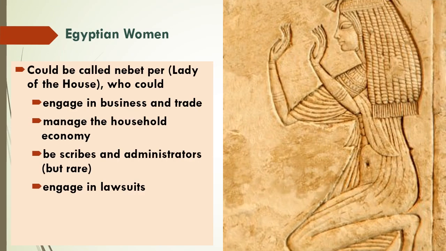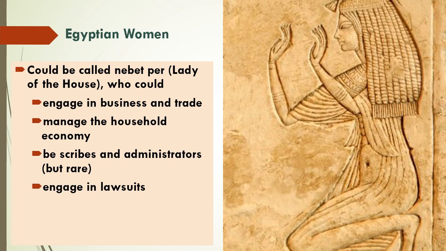Egyptian women had quite a bit of power in their own right. Sometimes we see them called Nebet Per. Neb means lord, so Nebet is like female lord or lady, and Per is house, so the lady of the house, the mistress of the house.